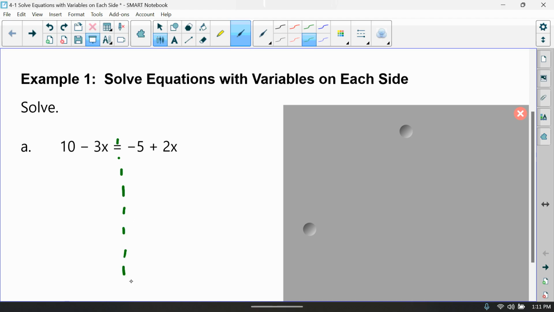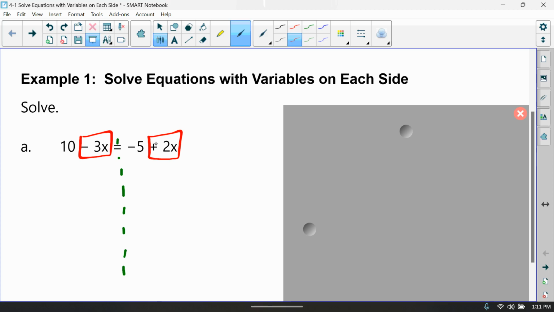Now, I'm going to start with the variables, and we want to move the variables to one side. So here is a variable term, and here is a variable term. So we want to get rid of one of them.